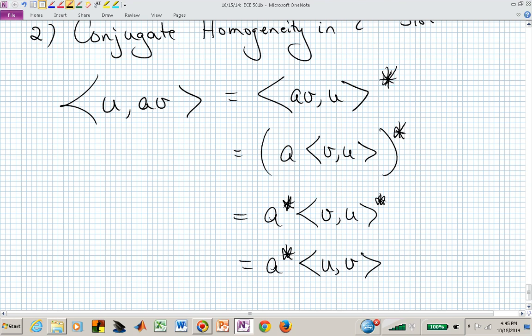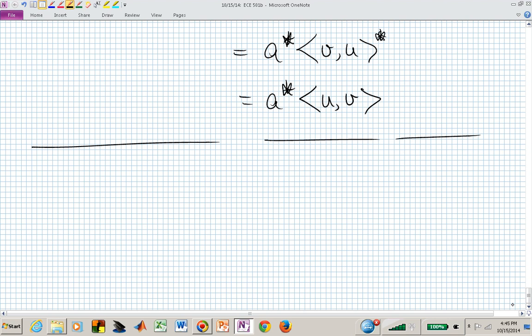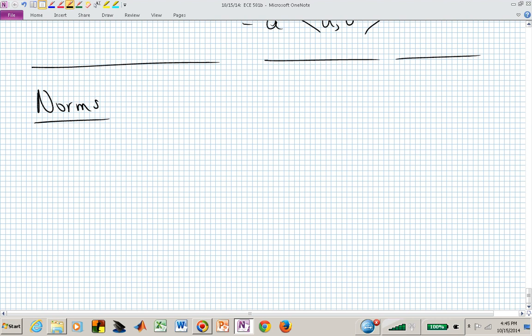Now that we have these inner products, we've already compared one of those to the square of the Euclidean 2 norm, we can start generalizing this a little bit. Let's talk a little bit about norms. And we have discussed these different norms. We had a 1 norm, a 2 norm, a 3 norm, an infinity norm.